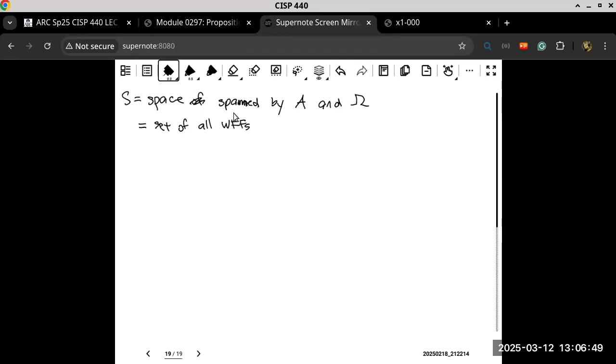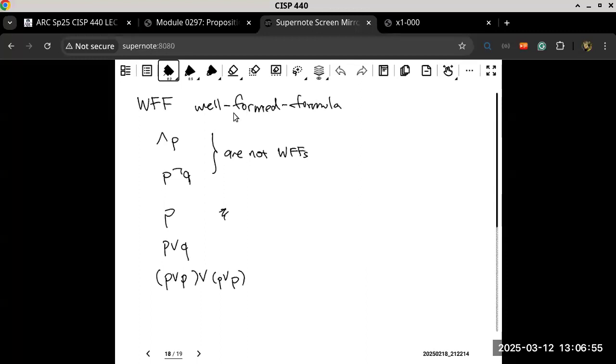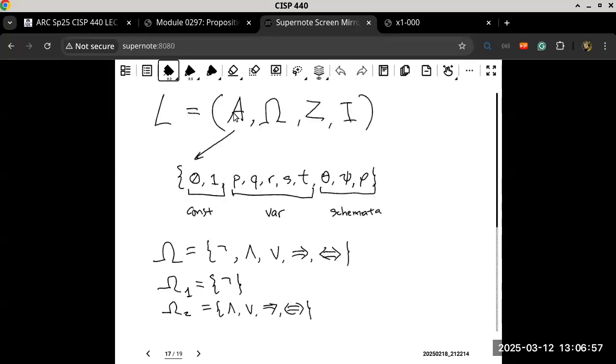Now, if you just look at the way we define alpha and omega, omega is a 5-element set, and alpha is 1, 2, 3, 4, 5, 6, 7, 8, 9, 10. It's a 10-element set.